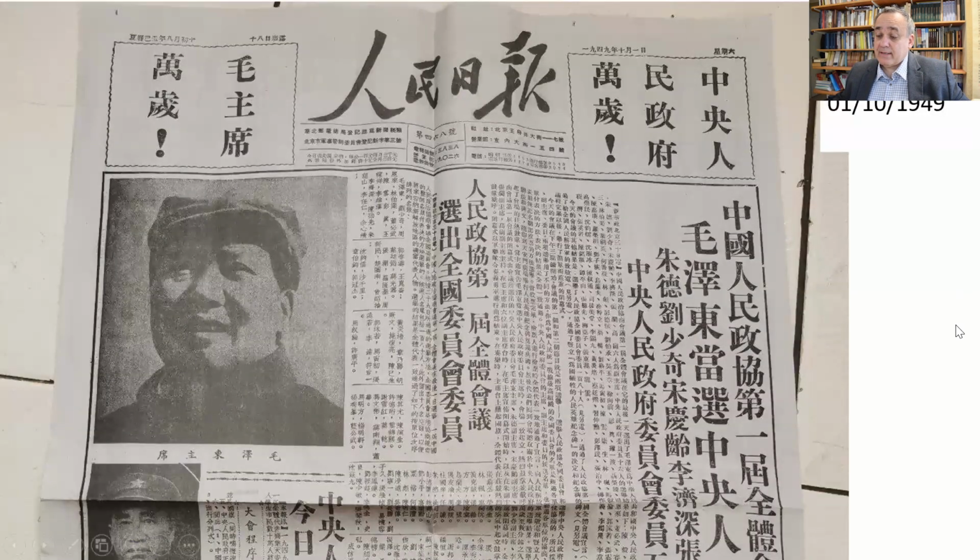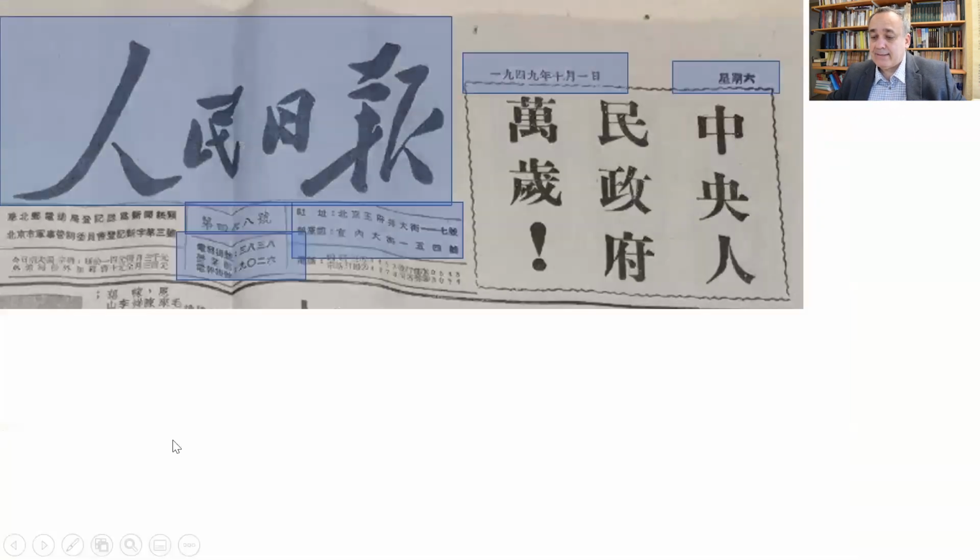But the same thing doesn't apply to modern China, where you have all sorts of writing. This is a 1949 copy of the Renmin Ribao, the People's Daily. This was a pivotal moment in Chinese history, of course. If we zoom in a little bit, we can see that the texts marked with blue go horizontally from left to right.